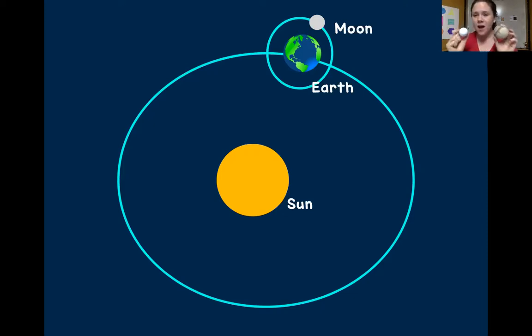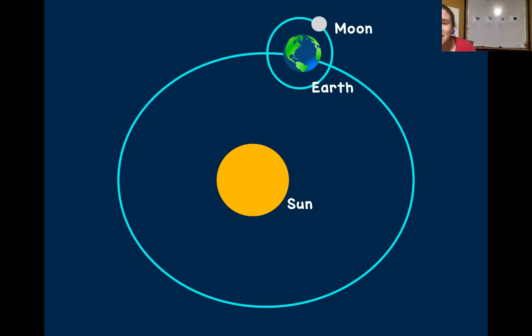The moon does not create its own light, and we're going to talk more about the moon tomorrow. But I just want you guys to have the idea, because as we're talking about how the earth moves around the sun and the earth also spins, the moon also travels around the earth, right? So the moon goes around, the earth spins, and the earth also goes around.